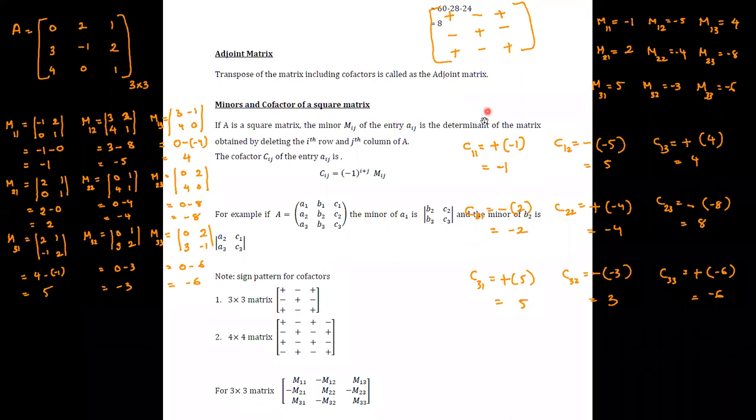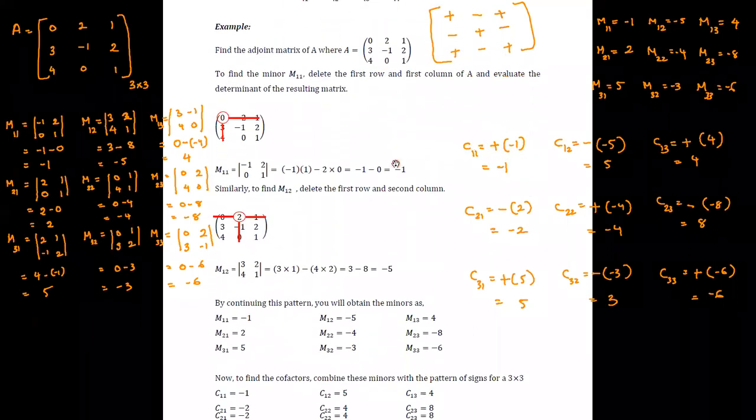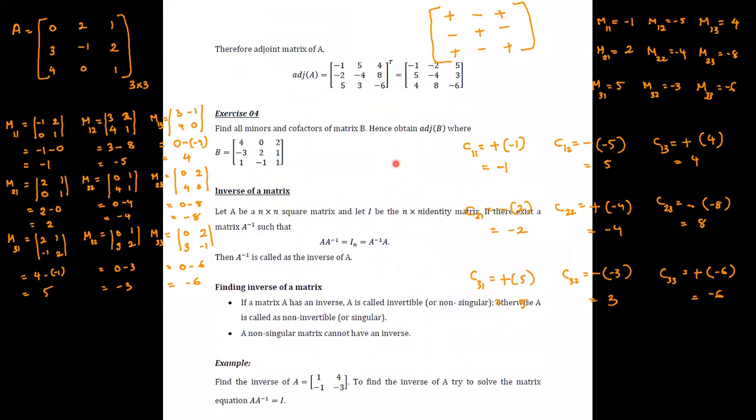If I write down the matrix including cofactors, it will be quite similar to this form. It is -1, 5 and 4, -2, -4 and 8, -5, 3 and minus 6. This will be the matrix including cofactors.